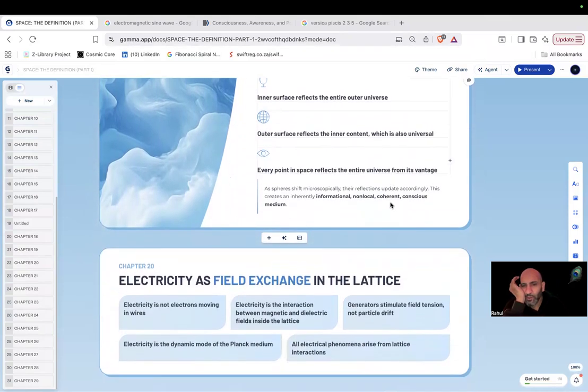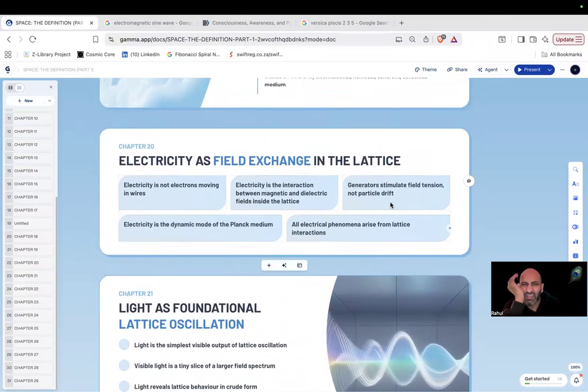So you're being observed every single time. Everything you do is being observed, unfortunately, from within and from outside. It probably all has to reconcile itself from an information perspective, but it does it all instantaneously. Electricity as field exchange in the lattice.